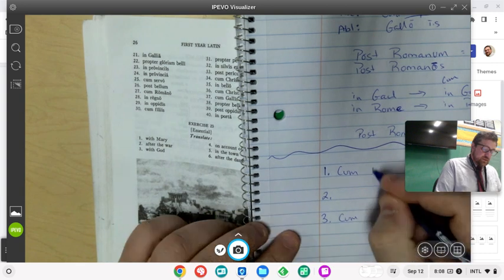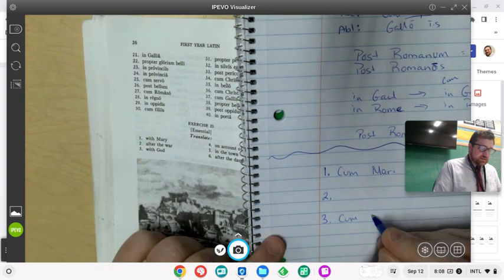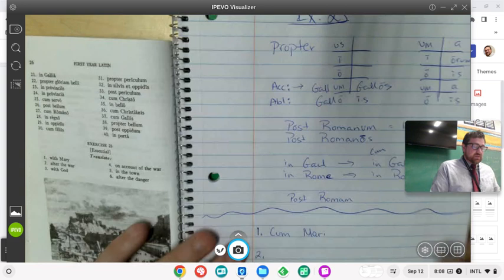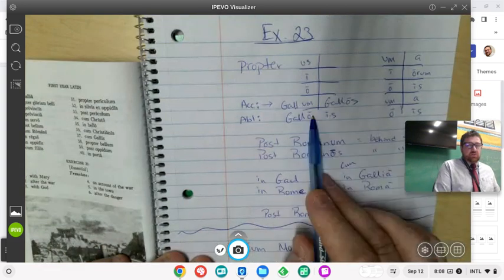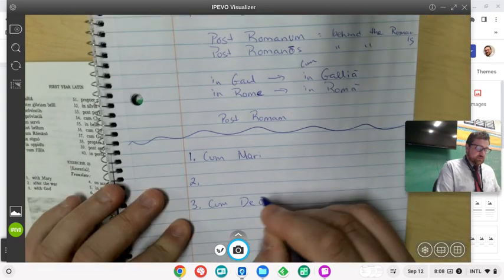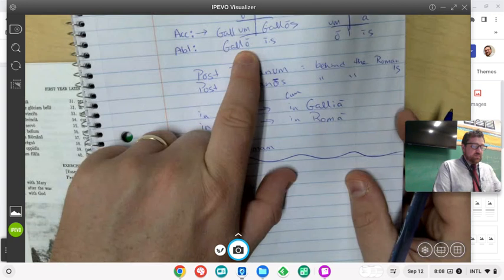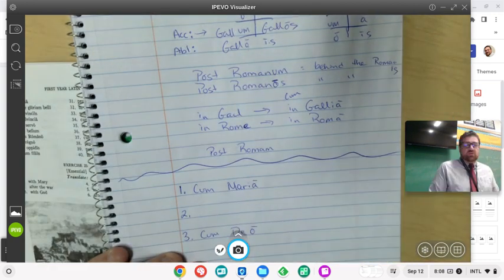And Mary, I'm going to write my stem, Mari. And then with God, de is our stem for God. Now, it takes the ablative. So for God, we're going to go us, io, o, cum deo. With Mary, the ablative is Maria with a macron on the A, cum Maria.